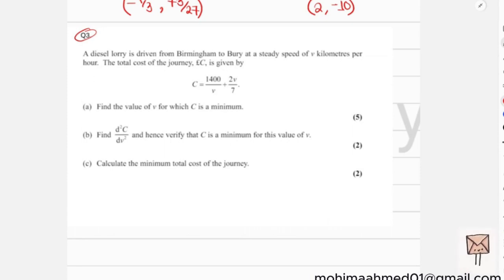The total cost of the journey in pounds is given by this equation, and find the value for v for which c is minimum. This is the same procedure. You have to find the differentiation for c, set it equal to 0, and then find the value for v.